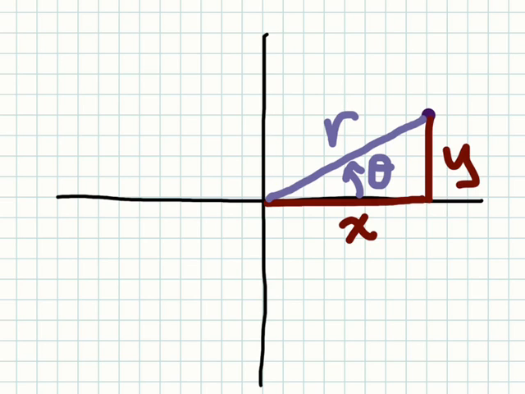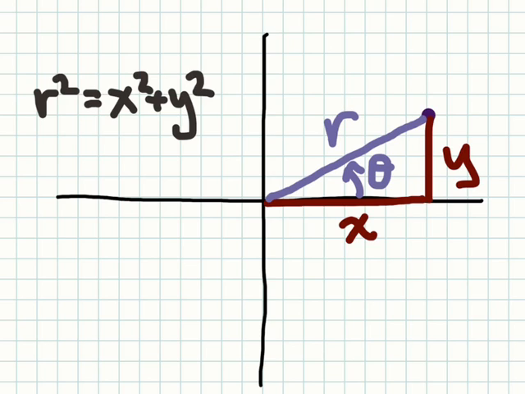Now, the Pythagorean formula right off the bat, we see a right triangle, so we know that r squared is equal to x squared plus y squared. And also, if we remember our right triangle trigonometry, we know that y over x is equal to tan theta.